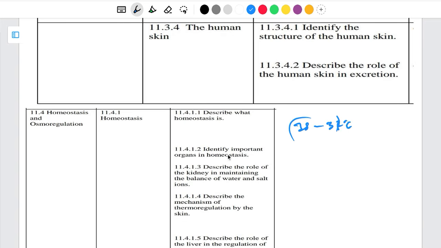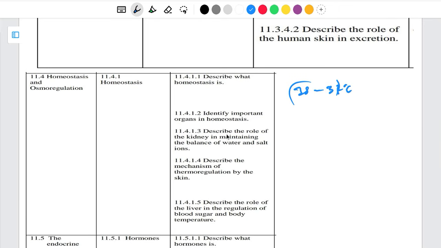Then you have to identify important organs in homeostasis, like the liver, the function of the liver in homeostasis, the function of the kidney in homeostasis, like acid-base balance, as well as the lungs in homeostasis, the skin, as well as osmoregulation. You have to describe all osmoregulation of the skin, all those things.